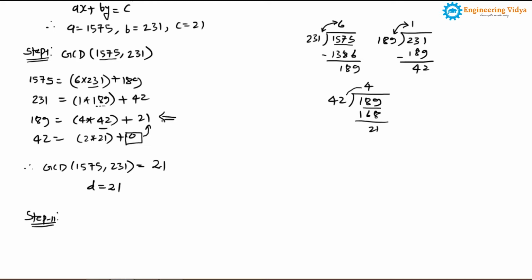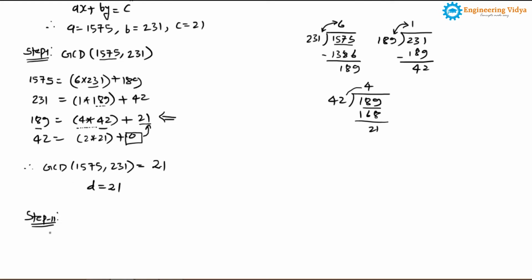In that case, we'll express the latest remainder 21 in terms of the other two terms. If this is the remainder, we can consider this as term 1 and this as term 2, right? So we'll express 21 in terms of the other two terms.